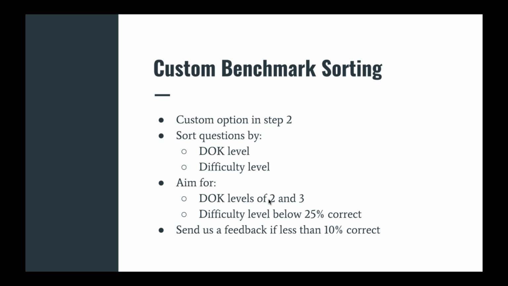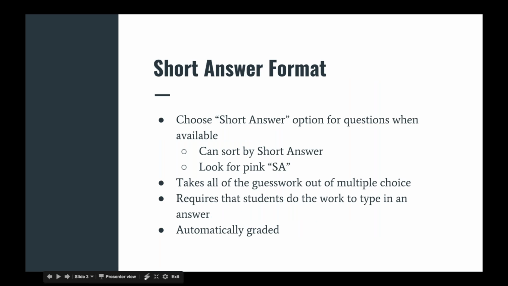And again, we'll look at how to search for that, because difficulty level for a question is based on the actual percentage of students who have answered the question right. So that's what we use as our measure for difficulty. Now, there may be times where a question we have is just too hard and there's something wrong with it. So that's where we would go in and fix it if we thought there was an issue.